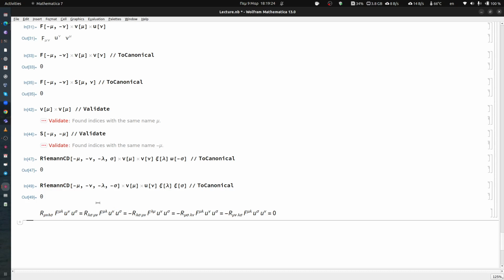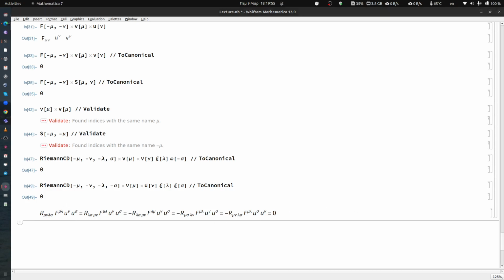So I'm writing here an expression that you can easily see is 0 because of this property. So f is antisymmetric, and I contract its indices with the first and third index, and then the u squared term is symmetric under the exchange of mu and sigma, and their indices are contracted with the second and fourth slot of the Riemann tensor.